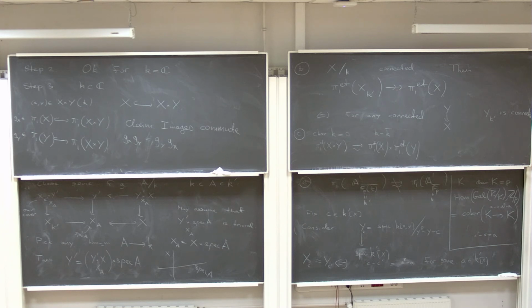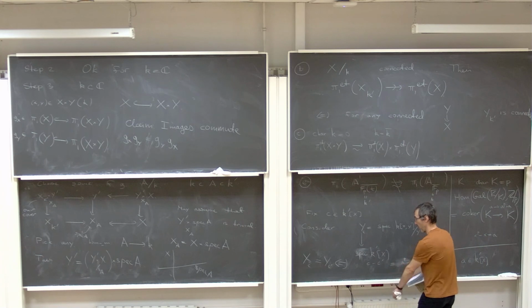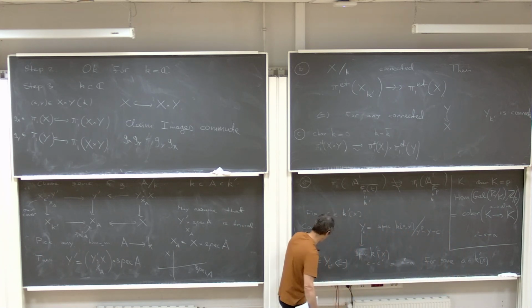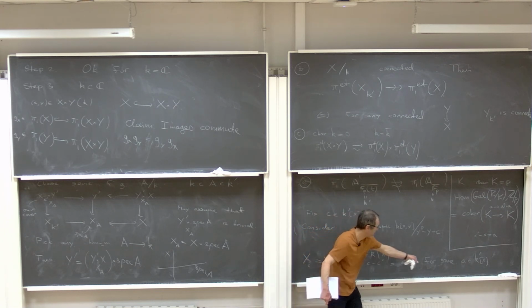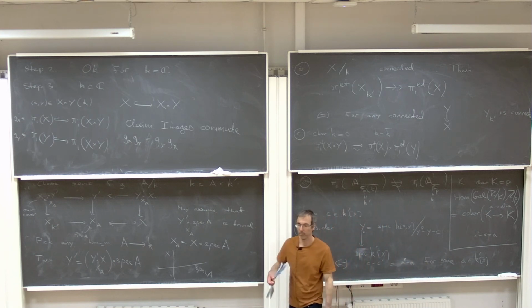So using this, you can even show that if the two covers restricted to the generic point of the affine line are isomorphic, then this condition must hold. Okay?